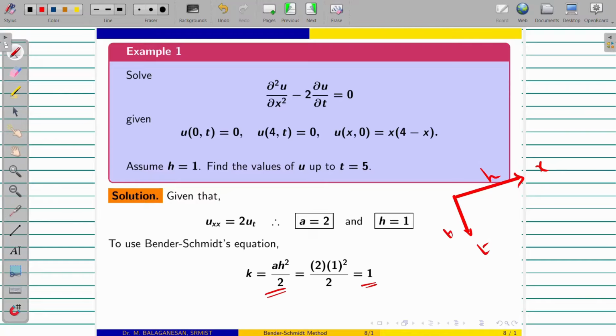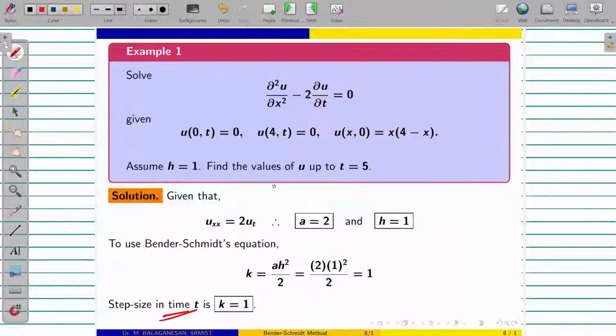In the t direction the difference is k. That means h equal to 1 there, and k equal to 1 we found just now. If you know that, we can find the solution. So k equal to 1 is the step size in the t direction, and h is the step size in the x direction. That's it. Now come to the problem.